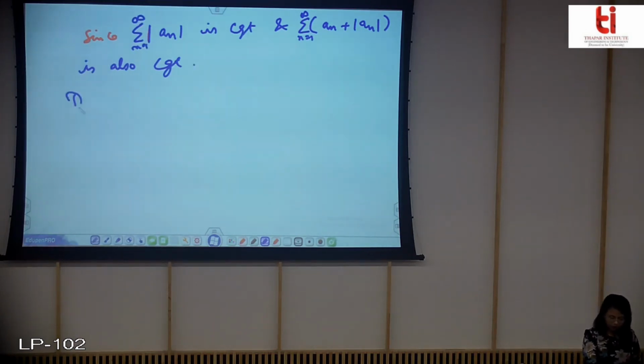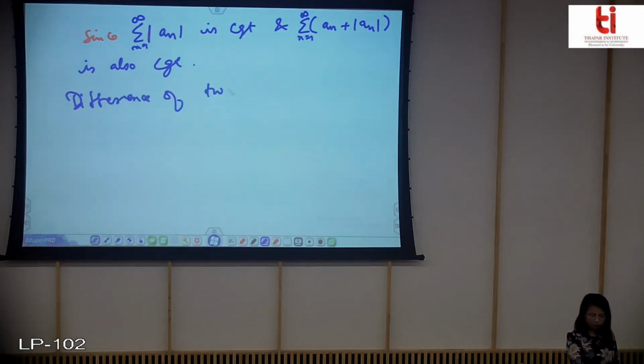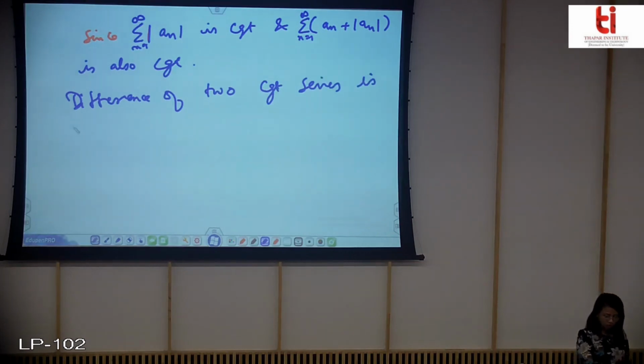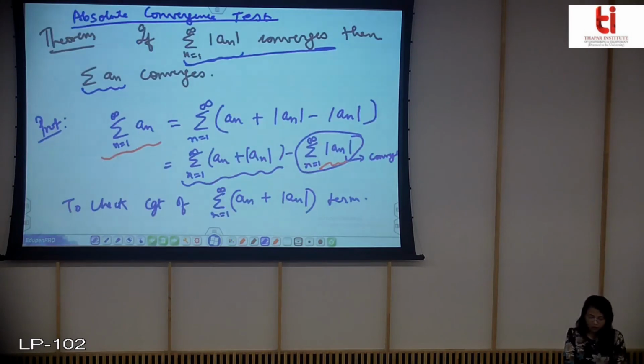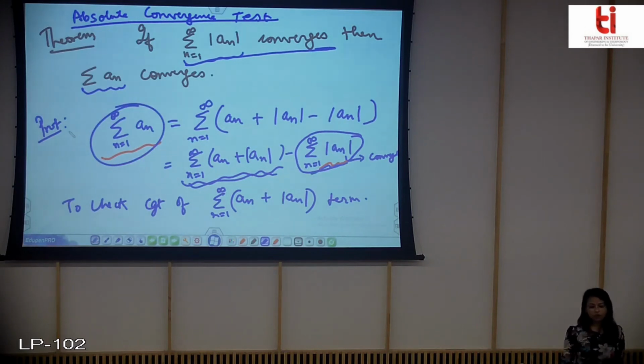The difference of two convergent series is also convergent, and therefore the summation of an is convergent. I hope this is clear: this one is convergent, this one is convergent, so this one is also convergent. So now you have proved that if the mod series is convergent, the alternating series also converges.